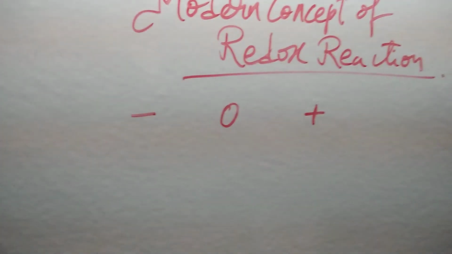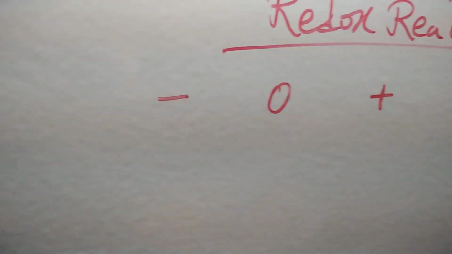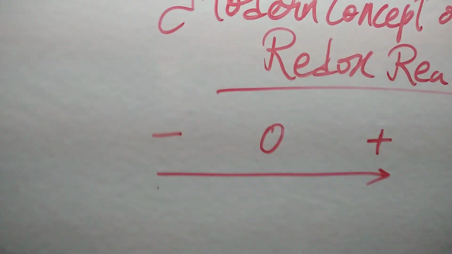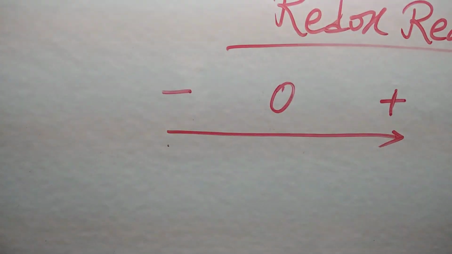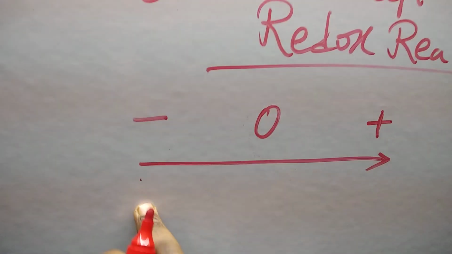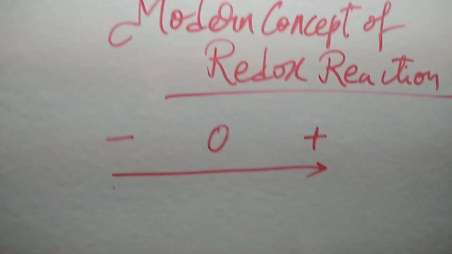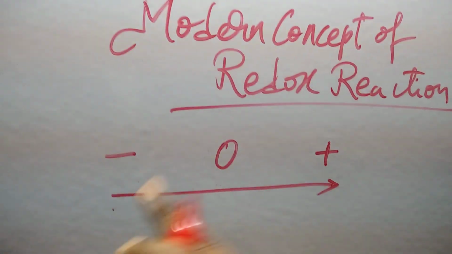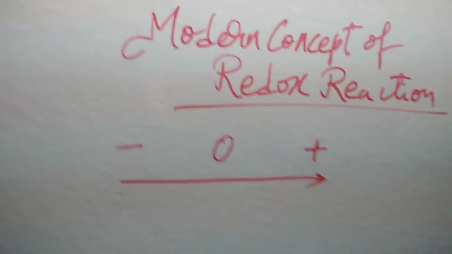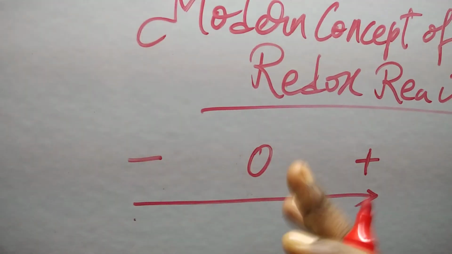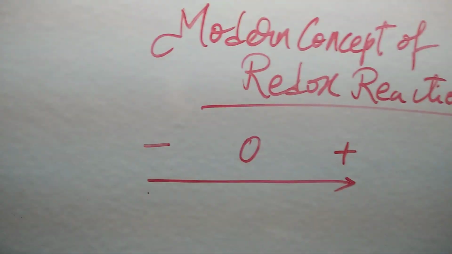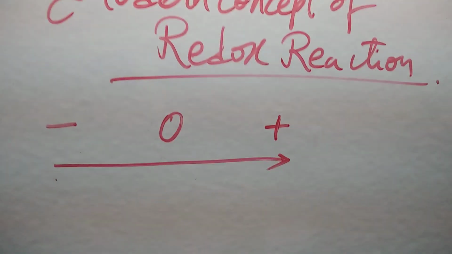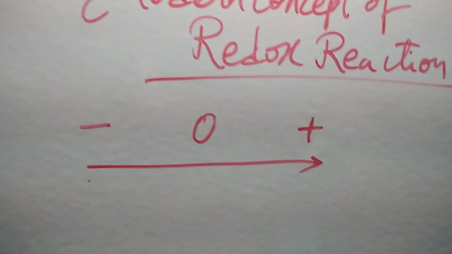Okay students, now see what happens. If the electron transfer is from minus to plus sign, listen very carefully, take it as the numbers -1, 0, +1, +2, +3, like this way.